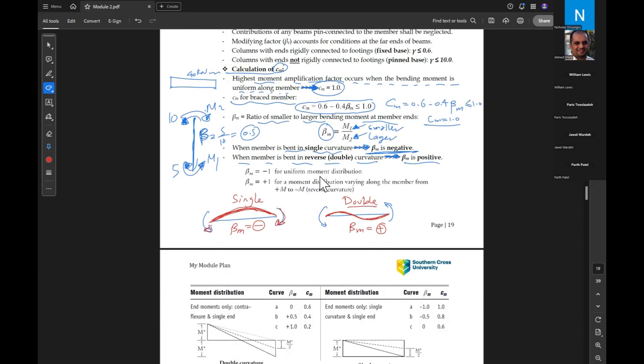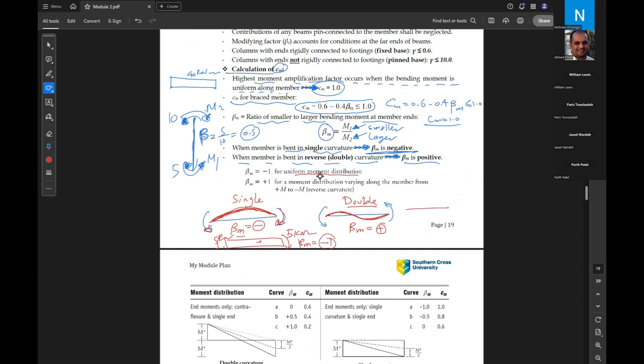And here, for example, if we have uniform moment distribution, like the same moment, 5 kilonewton meter here and 5 kilonewton meter here, this is single curvature, so beta M will be -1.